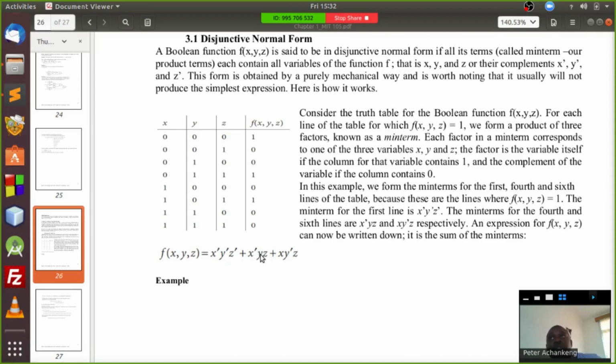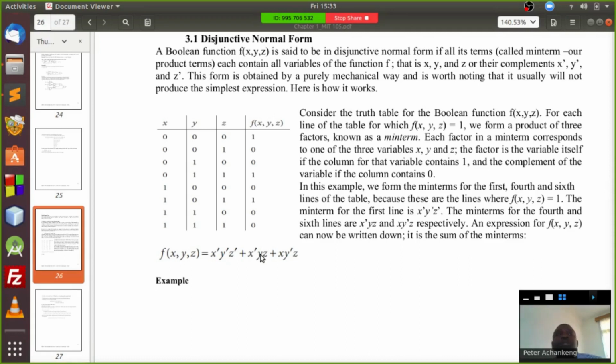Can you see how to get the second term? The second term there is x prime y z. And the last mean term, which happens to be the C term, 1, 2, 3, 4, 5, the C term would be x y prime z.